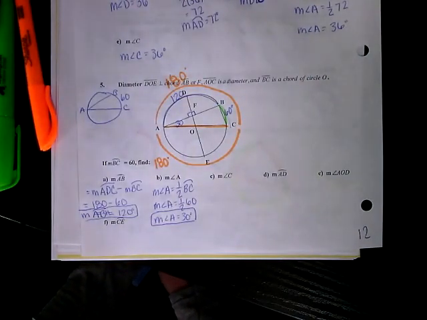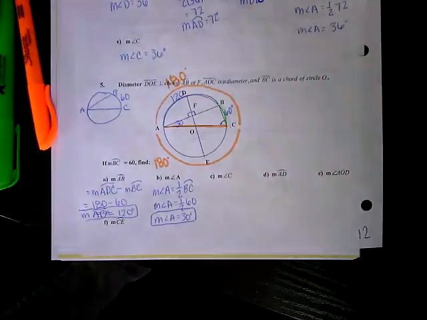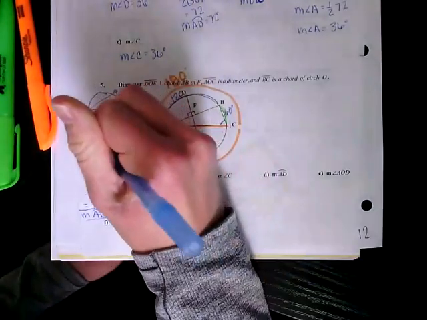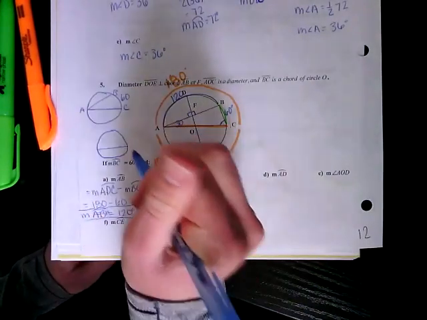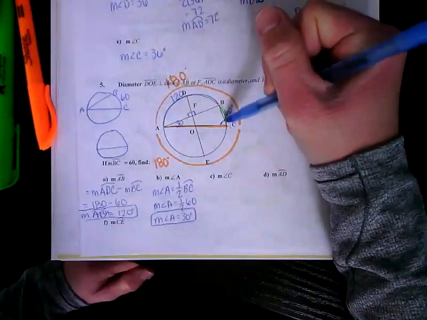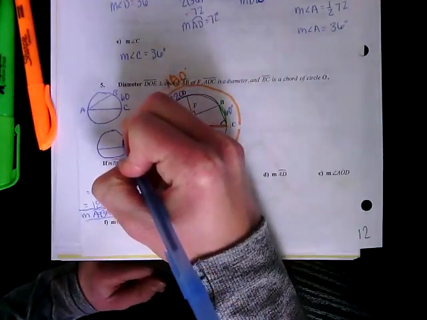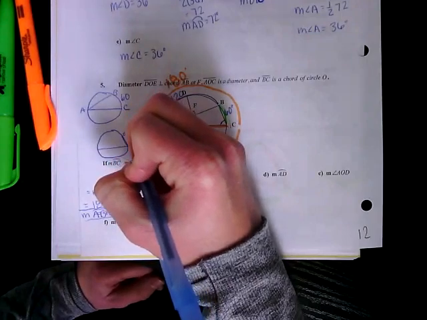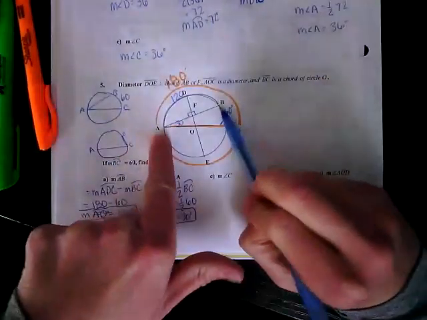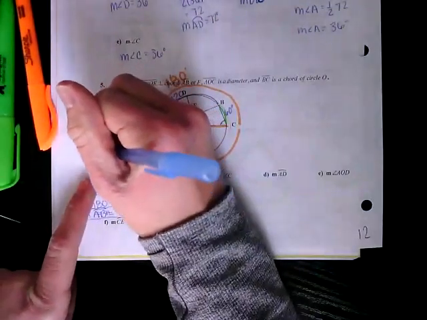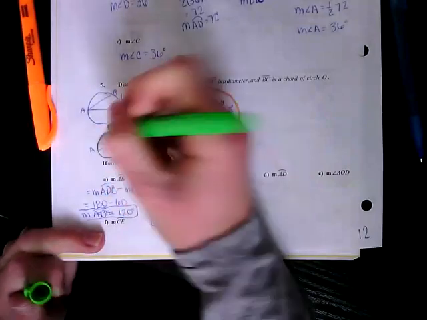All right, now we want to find the measure of angle C. So angle C is here. Okay, I'm going to redraw this. So we have angle C, and then there's a little chord right here that goes up to B. So B is here, C is here. Now angle C intercepts arc AB. Okay, now we know AB to be 120. That's what we found.